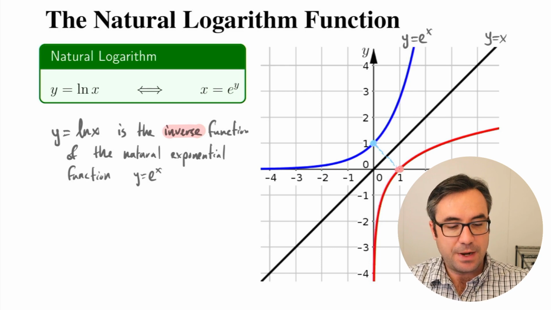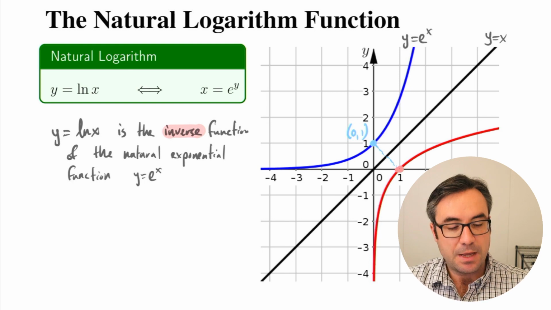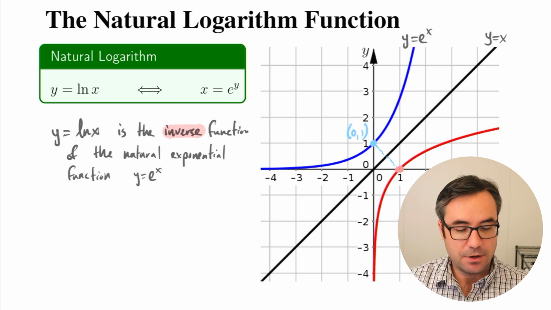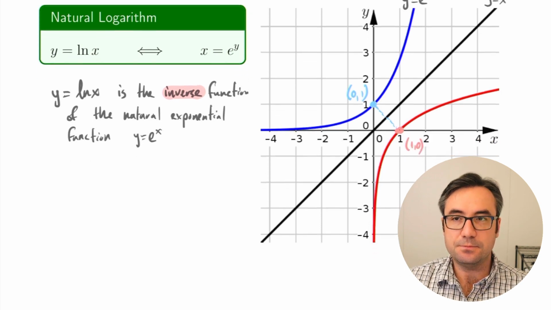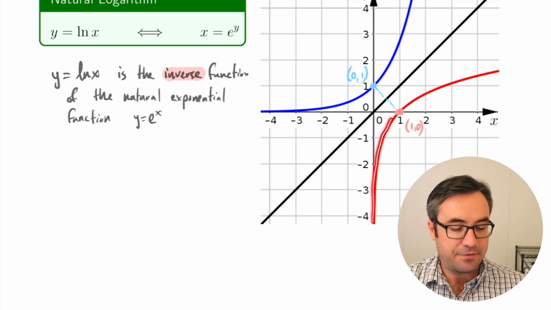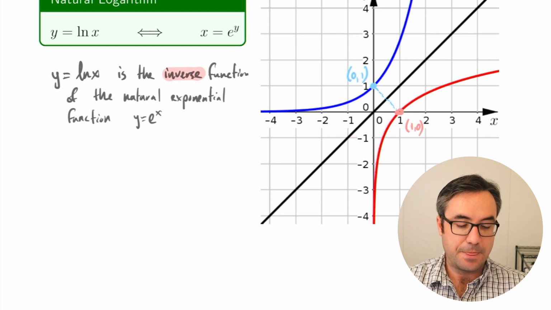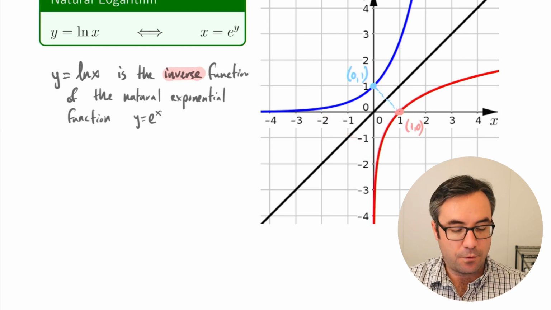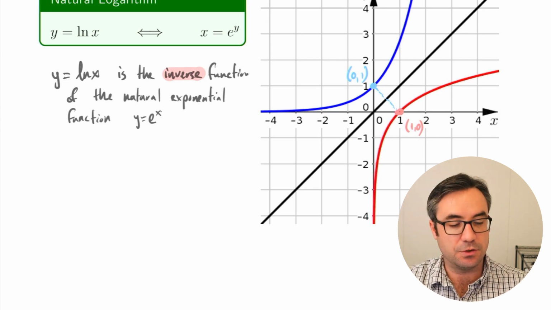So for instance, we have this point (0, 1) on our exponential, and on our natural log function, we have the point (1, 0). So this is the graph here, and we could do that for every single point. I could pick a point here and look at its mirror image, and we could keep doing that over and over until we get the graph of what the natural log function looks like.